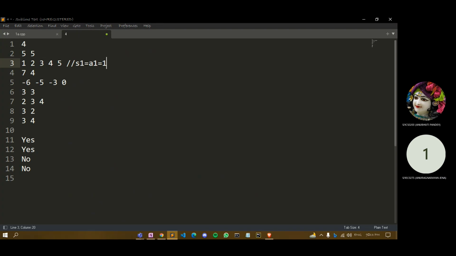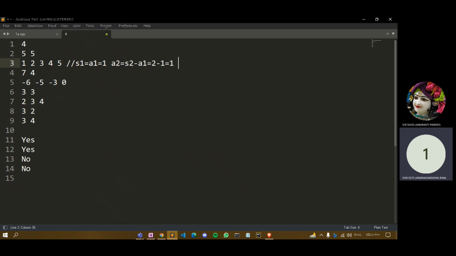Then to get the second term, A of 2 equals S of 2 minus S of 1. This is an obvious formula because S of 2 is A of 1 plus A of 2. So 2 minus 1 is 1.